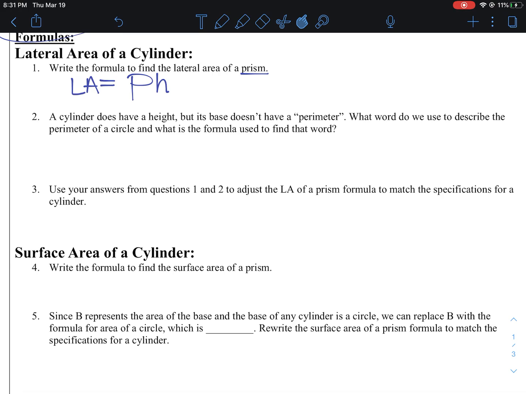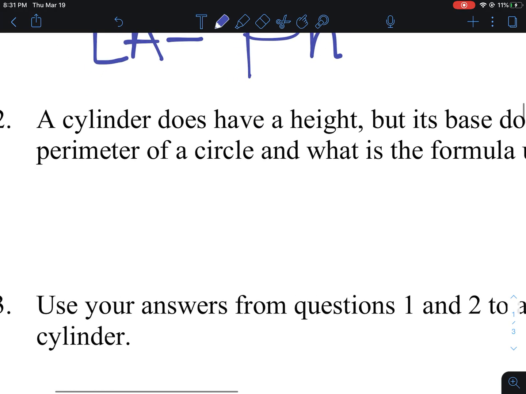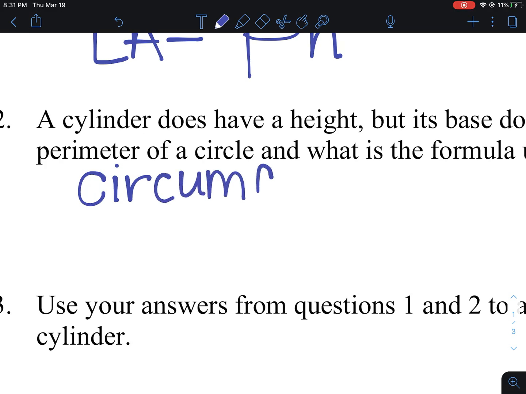So number 2 says a cylinder does have a height, but the base doesn't have a perimeter, right? What word do we use to describe the perimeter of a circle, and what is the formula used to find that word? So when you're talking about the perimeter of a circle, that's all the way around the circle, right? If you have forgotten, that word is circumference.